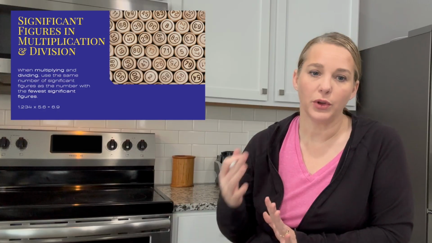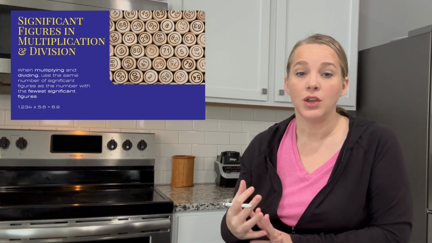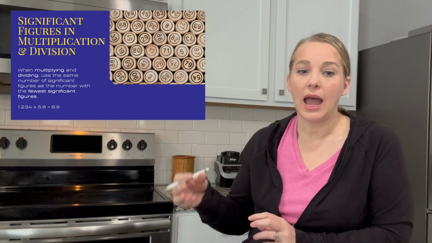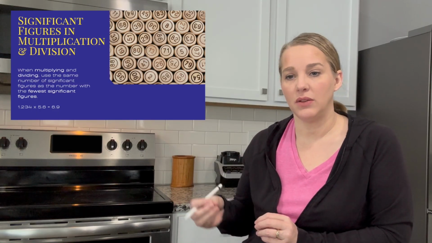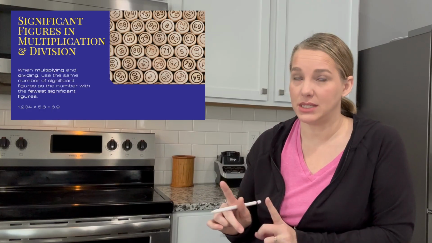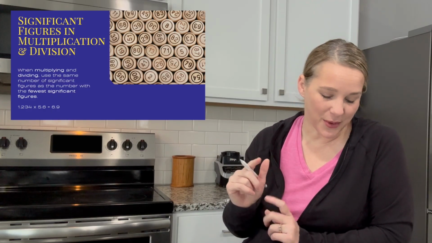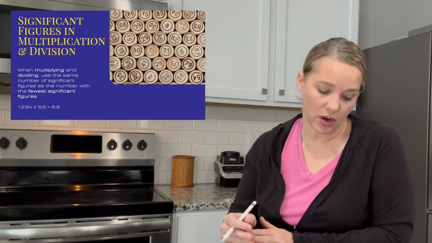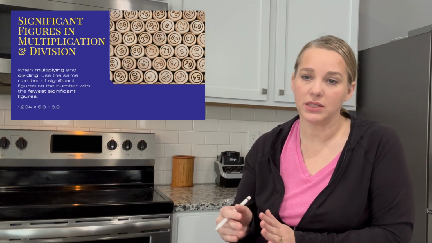Okay, so we've done our adding and subtracting. Now we're going to move on to multiplying. So when you're multiplying and dividing, you use the same number of significant figures as the number with the fewest significant figures. So that sounds like the same thing, but it's not. So our example there is 1.234 times 5.6.